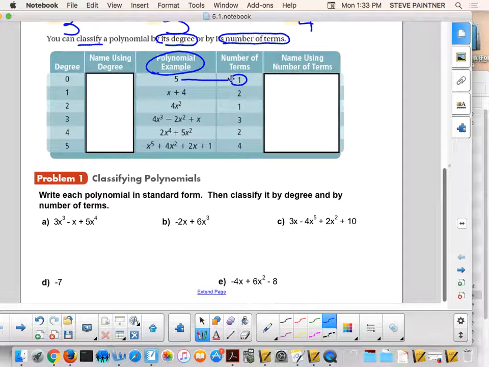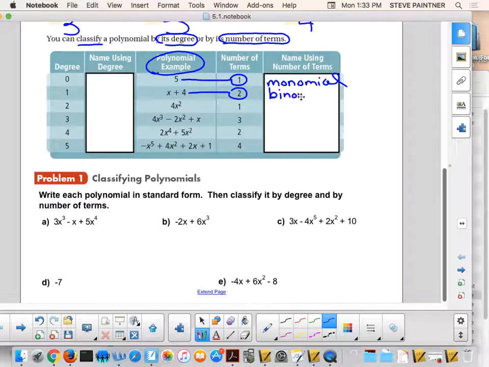5 is 1 term. What do we call it? Monomial. Monomial, binomial, trinomial. Those are your choices. So you'd say monomial. Okay, the next one, they counted for you. 2 terms is called what?